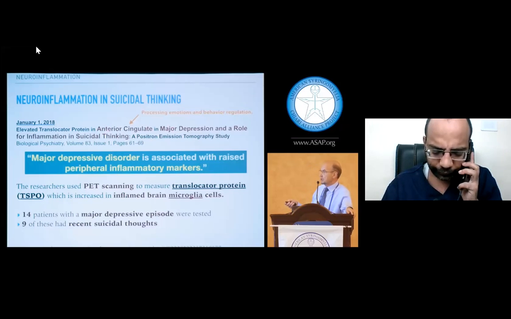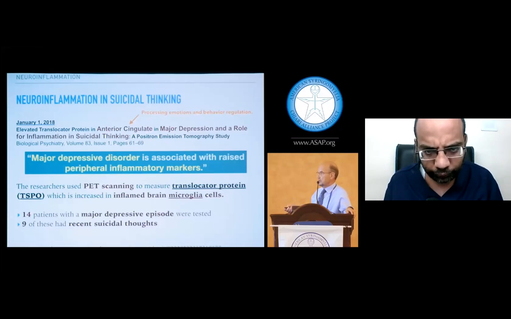The anterior cingulate gyrus processes emotions and behavior. They did a fascinating study, in only 14 people with a major depressive episode. They put them in a PET scanner and looked for a protein marker of inflammation of the microglia. We're back to microglia.